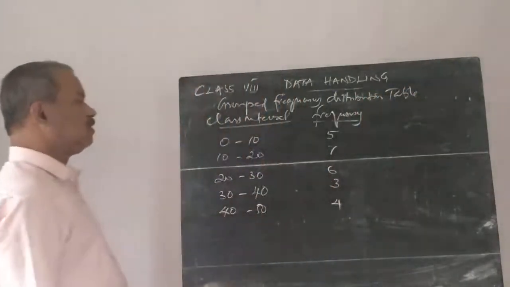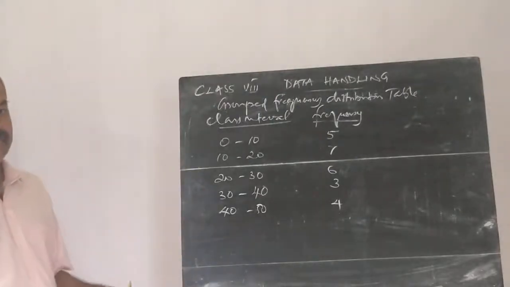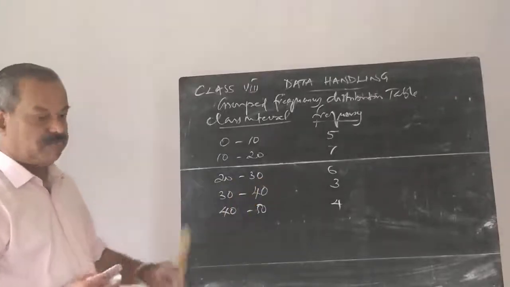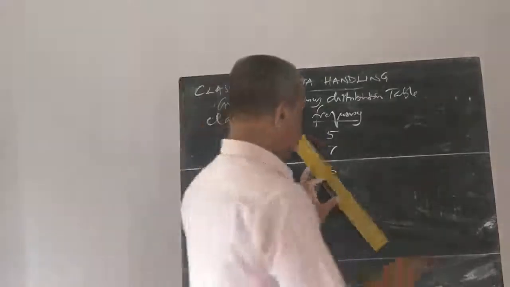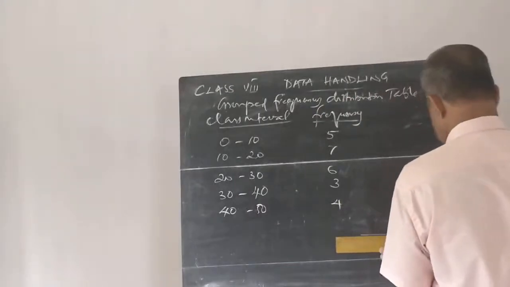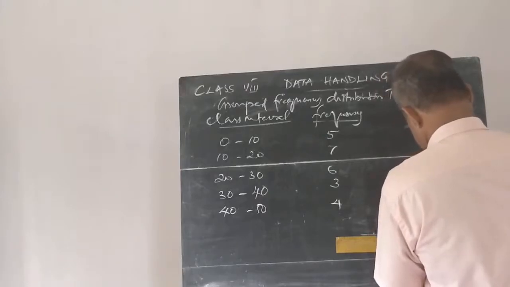Can we represent this grouped frequency distribution table by any graph? We can represent this by a graph like this. To draw the graph, first we draw a horizontal line and mark uniform distances on it.